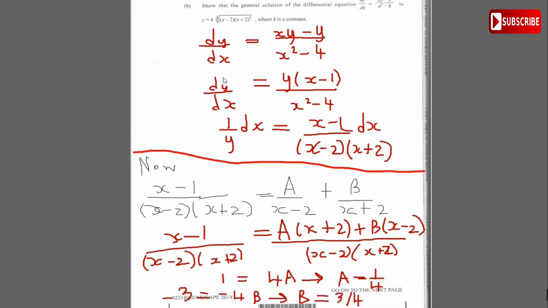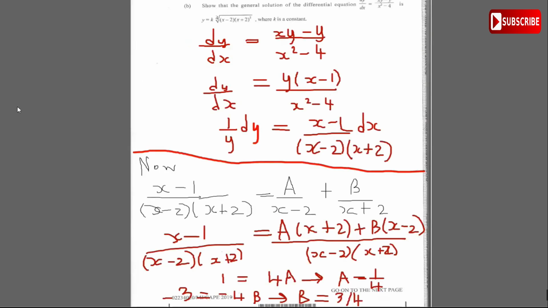So what we're going to say now is, this part where we have 1 over y dy is equal to, continuing, we have around here, x minus 1 over this is going to be a over this, and a over this is a quarter over x minus 2.